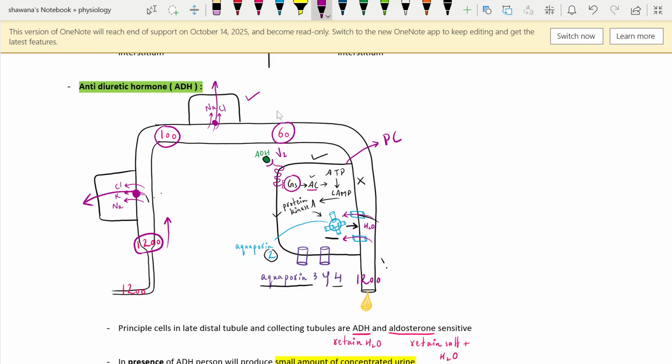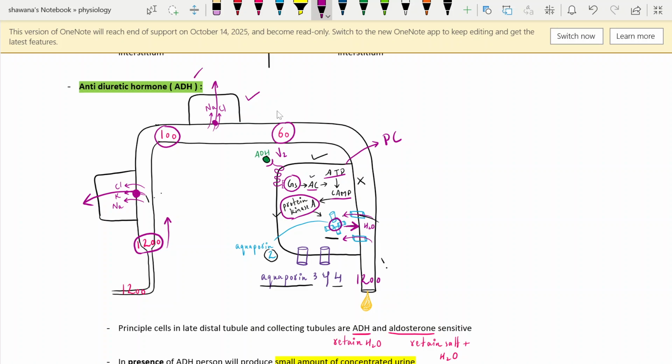It further converts ATP to cyclic AMP, and this cyclic AMP is responsible for the upregulation of protein kinase A. Protein kinase A is a phosphorylating enzyme. It phosphorylates certain transporters and causes the vesicle-loaded aquaporins to move towards the luminal membrane.